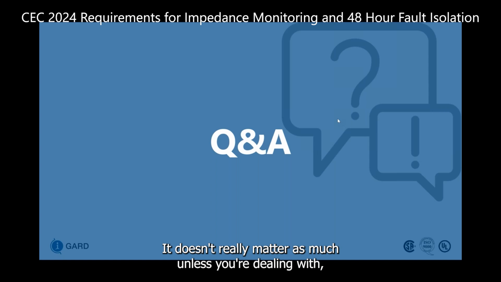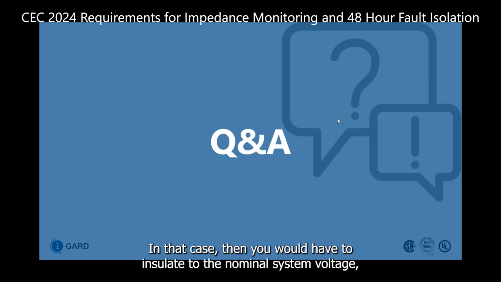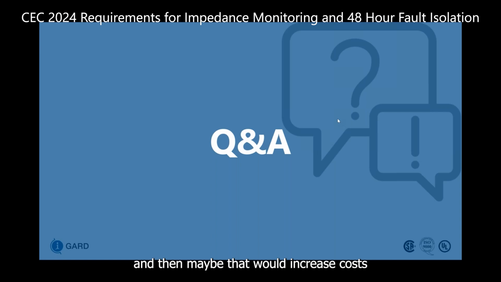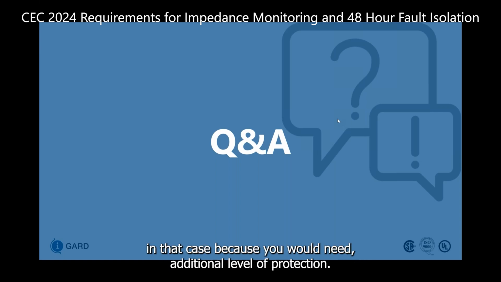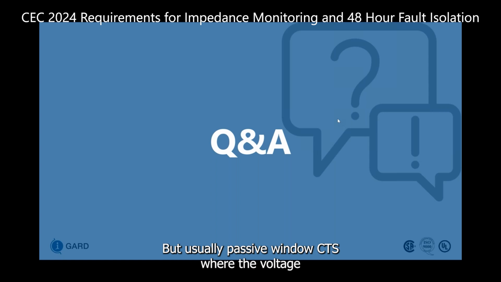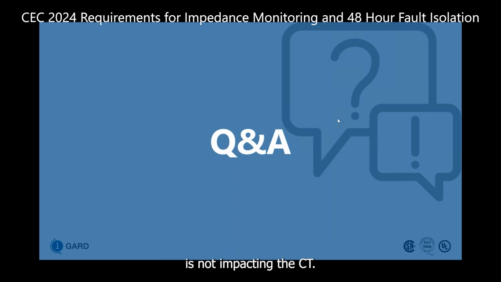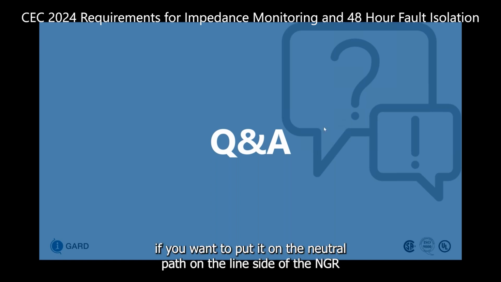It doesn't really matter as much unless you're dealing with a CT connected in series basically with the wire. In that case, you would have to insulate to the nominal system voltage, and that would increase costs because you would need an additional level of protection. But usually passive window CTs where the voltage is not impacting the CT, that would be the route to take if you want to put it on the neutral path on the line side of the NGR.